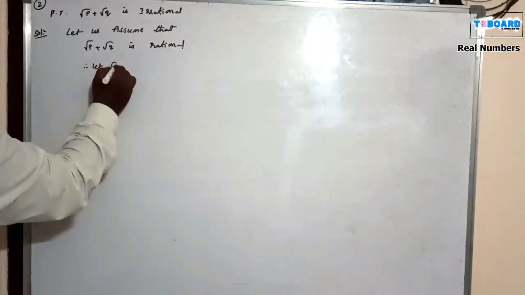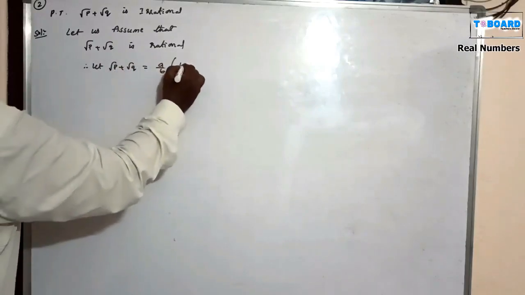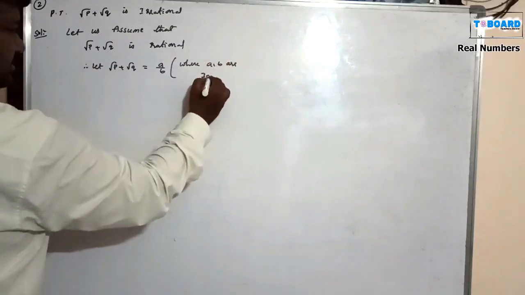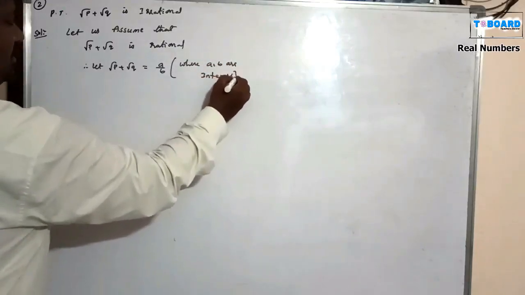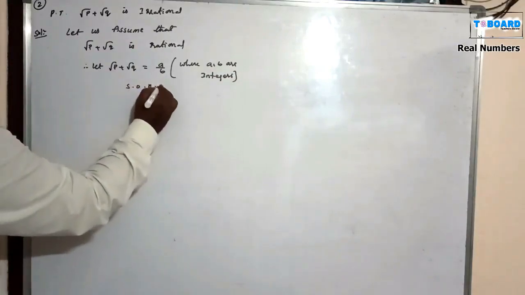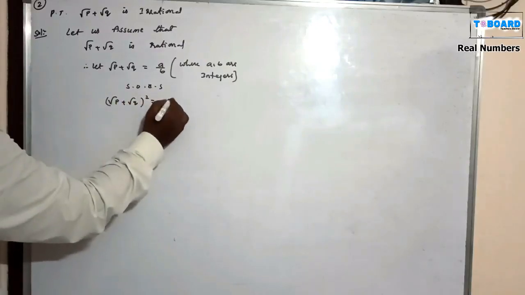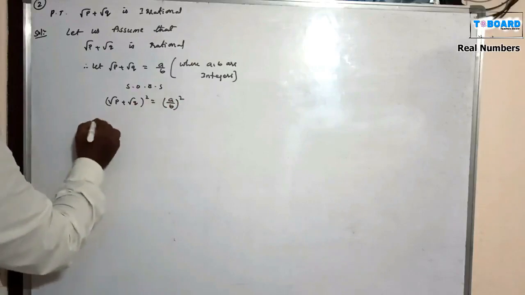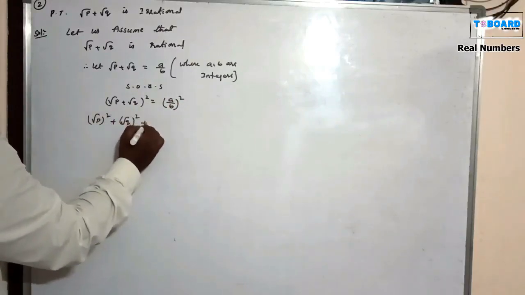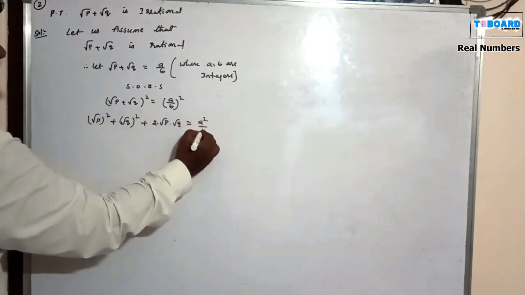Let root p plus root q equal a by b, where a, b are integers. Now squaring on both sides. Root p plus root q whole square equals a by b whole square. A plus b whole square formula: a square plus b square plus 2ab, that is p plus q plus 2 into root p into root q equals a square by b square.